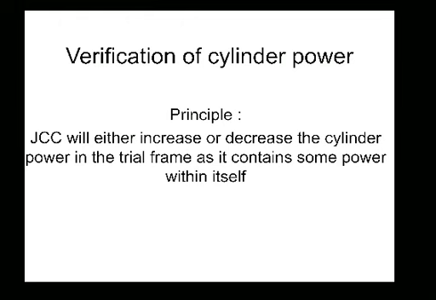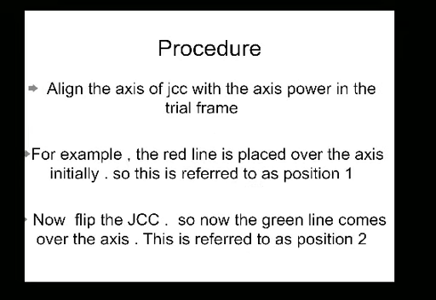Here the principle is that the JCC will either increase or decrease the cylinder power in the trial frame as it contains some power within itself. We know that the JCC has its own power. So if we use it with the cylinder length, it will either increase or decrease the total power, and this is the principle here.